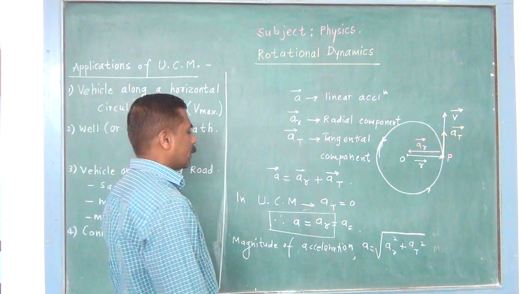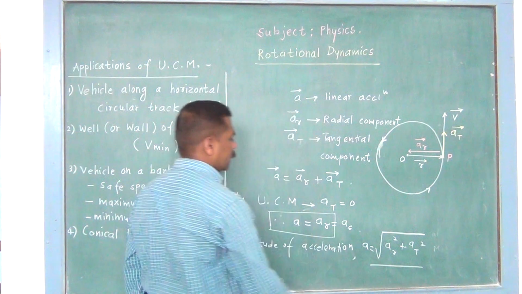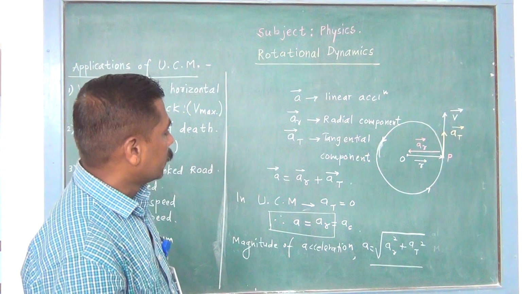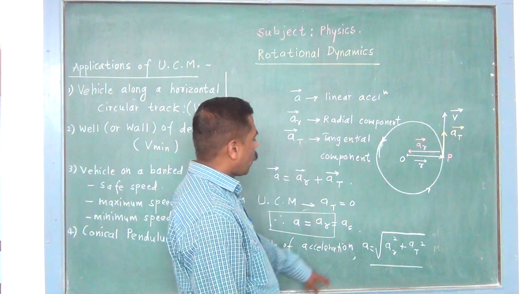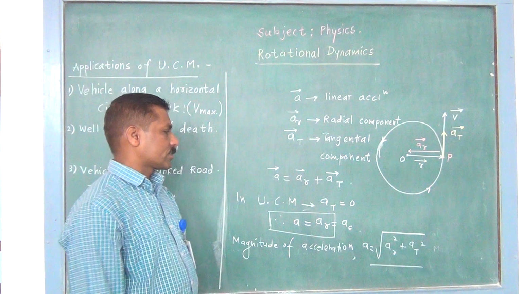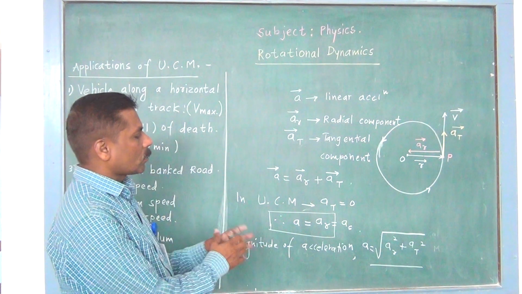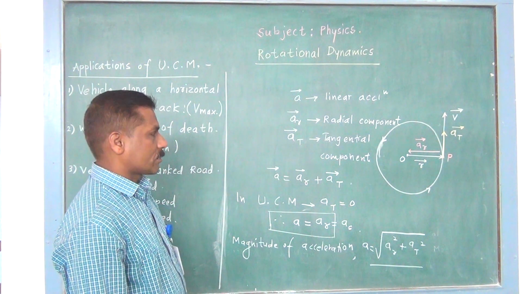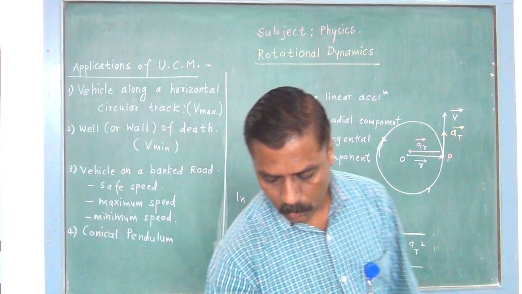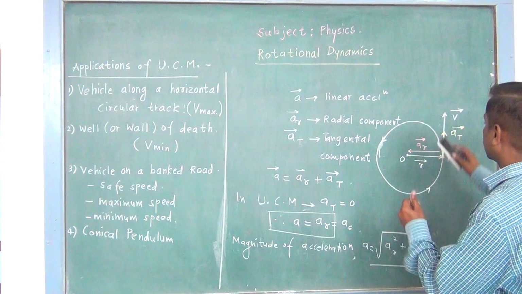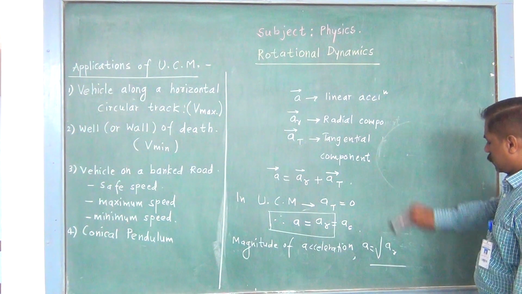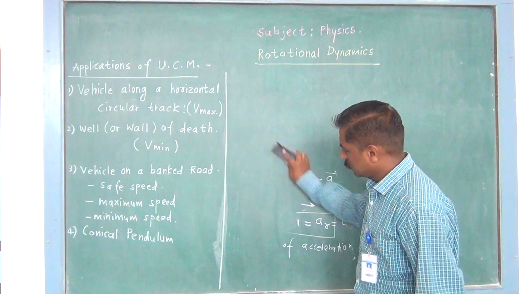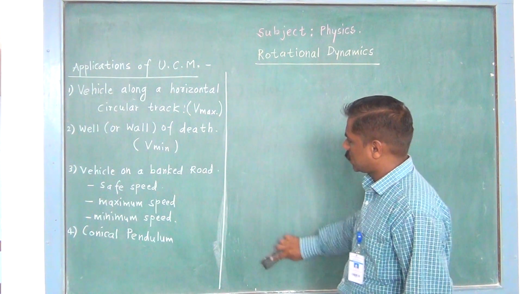So this formula, A is equal to under root of AR square plus AT square, gives the magnitude of the linear acceleration in terms of the radial acceleration and the tangential acceleration. Okay, so you will get an idea about the two types of acceleration observed in case of circular motion.